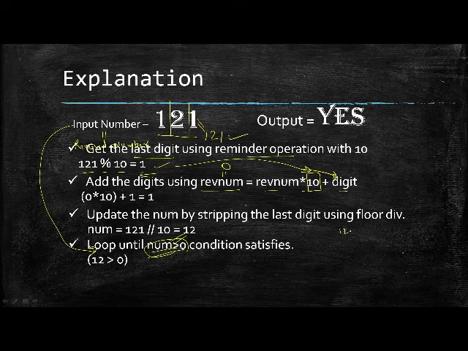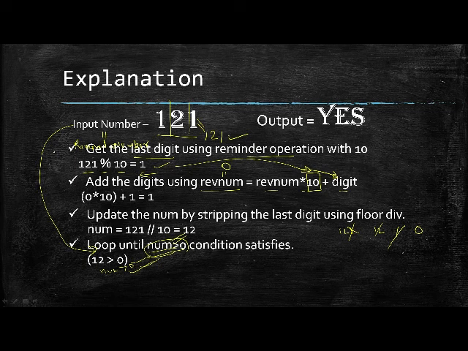So 121, first we strip off 1, then it will be 12, then again we strip off 2, so num will be updated as 1, then we strip off 1, and it becomes 0. Each time we are checking the condition, num greater than 0. If it's satisfied, it will go on looping through this logic each time.